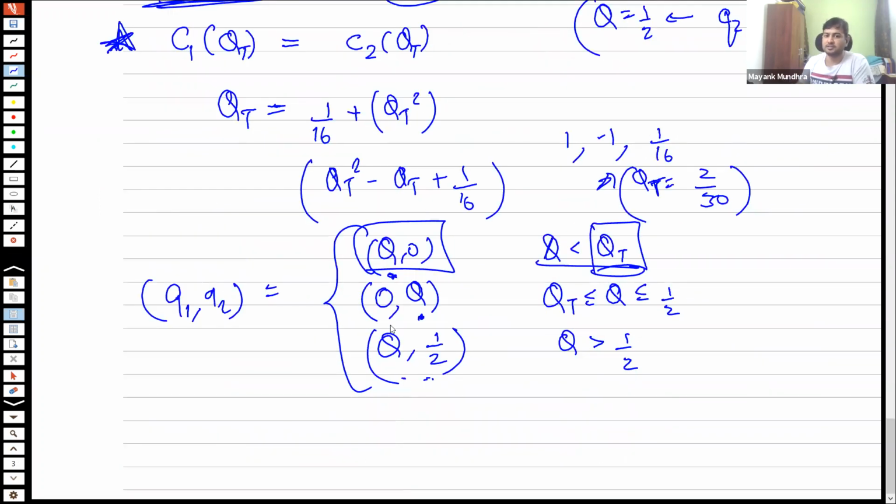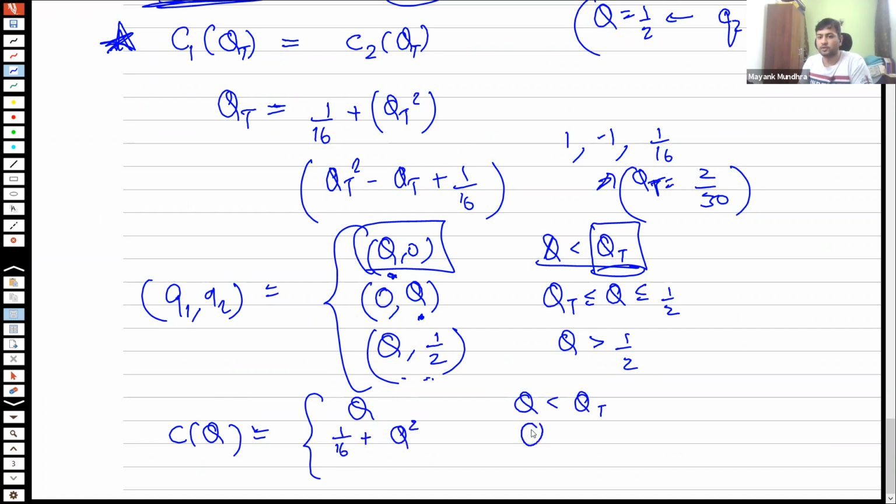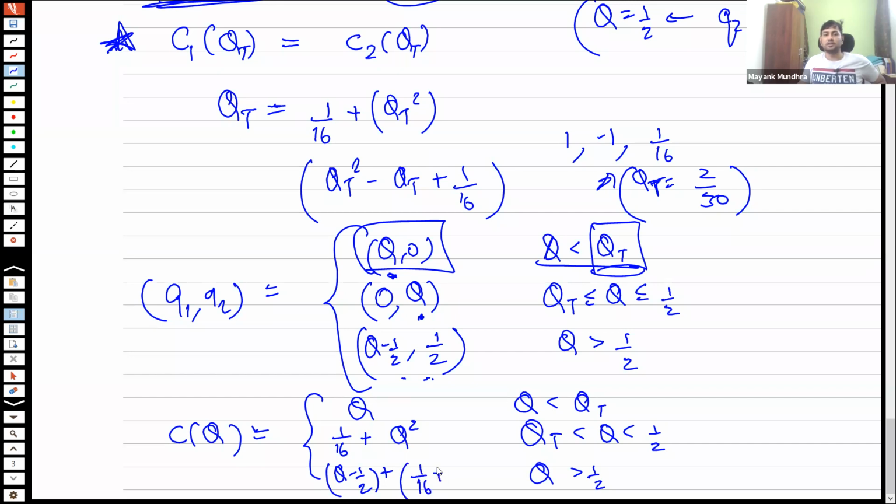Okay, by the way, the final step here is finding the cost function. So cost as a function of capital Q will be equal to capital Q squared if capital Q is less than QT, 1 by 16 plus Q square if capital Q is between QT and half, and for Q greater than half, it's going to be, oh no, this is capital Q minus half, plus 1 by 16 plus QT square.